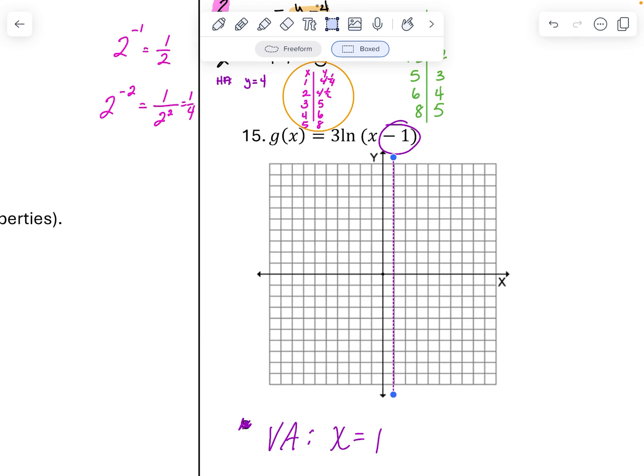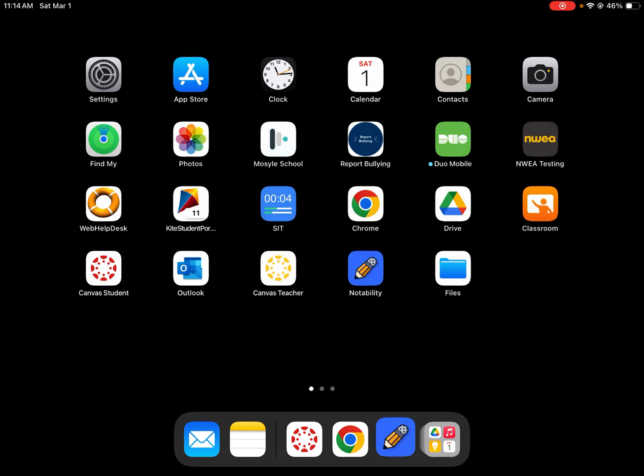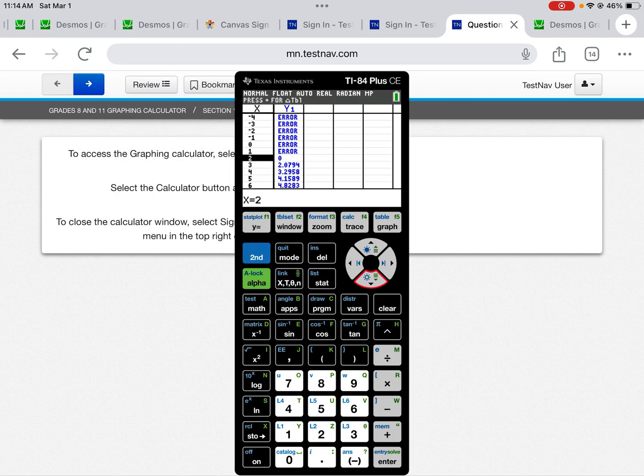So if we plot 2, 0, we're plotted right there. If you want another point, you can plot 3 and just a little bit bigger than. Let's see if there's anything else that's actually going to be kind of nice. Let's do that one.